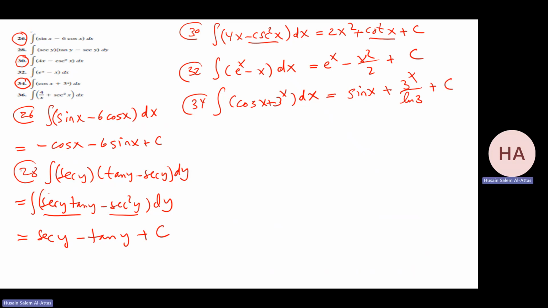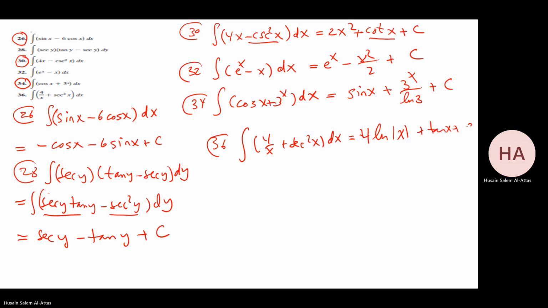That's 34. 36. 4 over x plus secant square x dx. That is 4 ln absolute value of x plus tan x plus c.